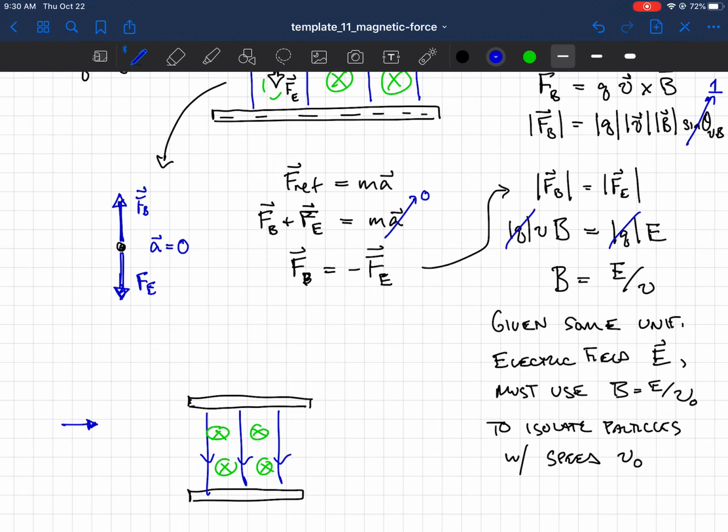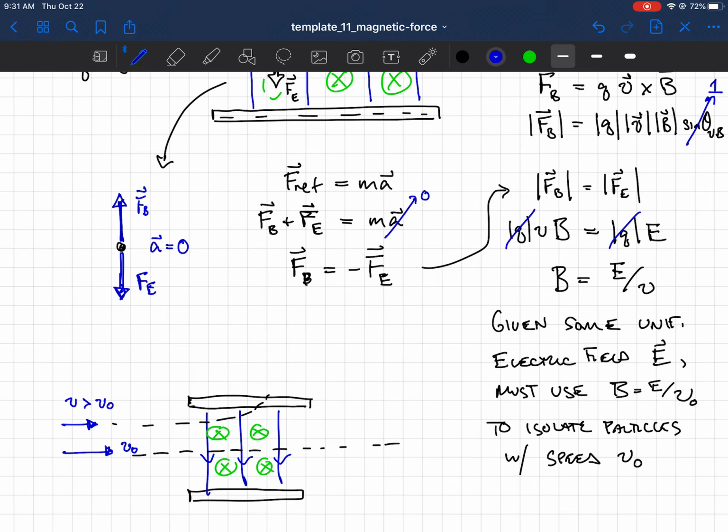We send in a particle with a V greater than V naught, and it will experience more magnetic force than we want, and so it will sort of hit this plate. You send in a particle with a speed equal to V naught, and that will experience exactly the free body diagram that we asked for, which means that it has an acceleration of 0.